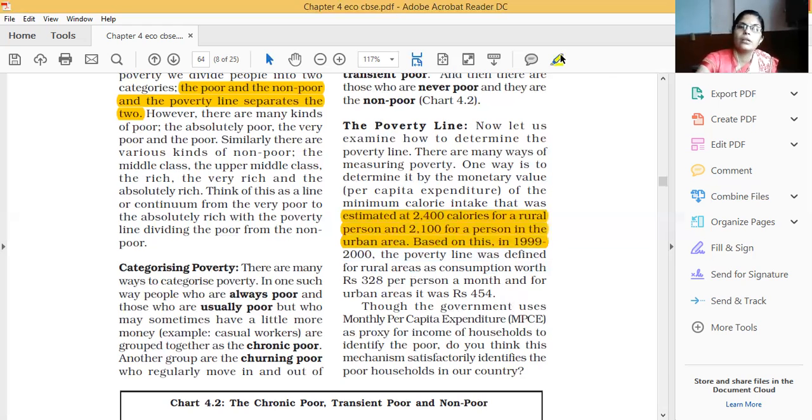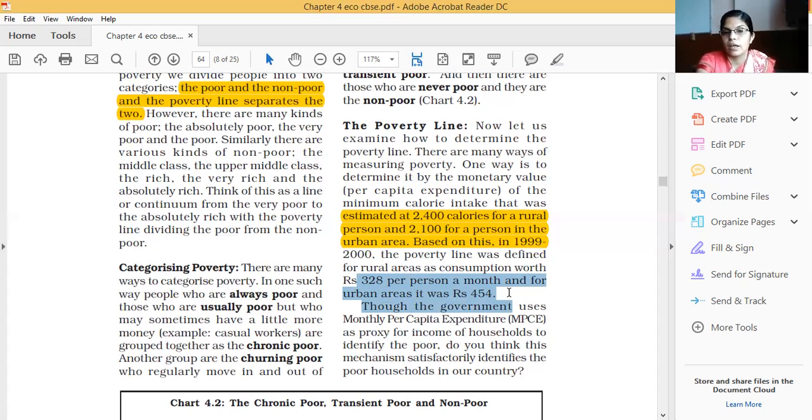Then the poverty line was defined for rural areas as consumption of rupees 328 per person per month, and for urban areas it was 454.